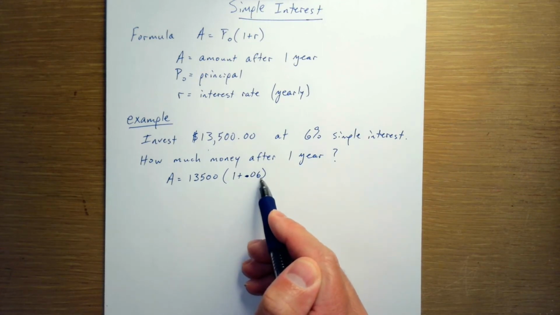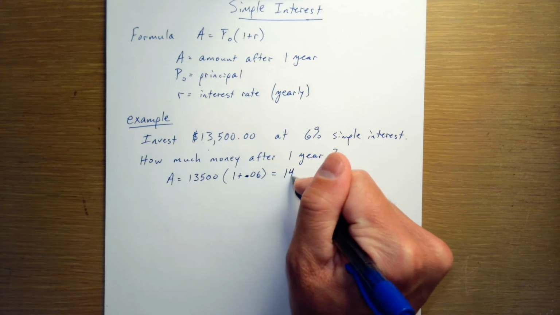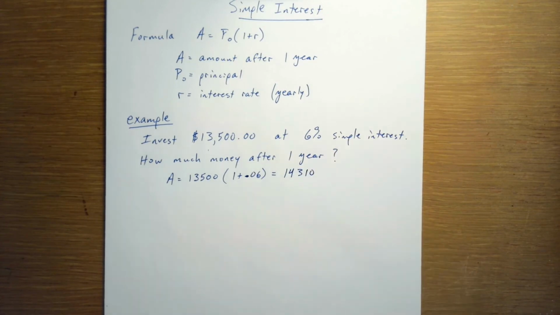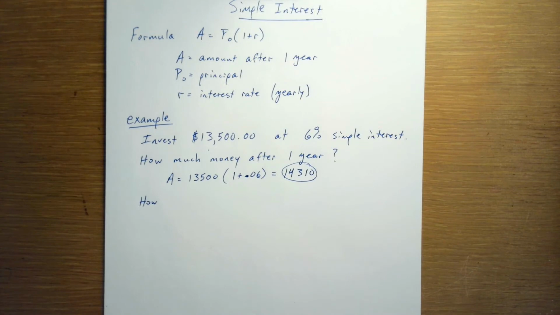So it started over here, and you go over two spaces. So now all that's left to do is to plug this into a calculator, and you end up with $14,310. That's our answer.